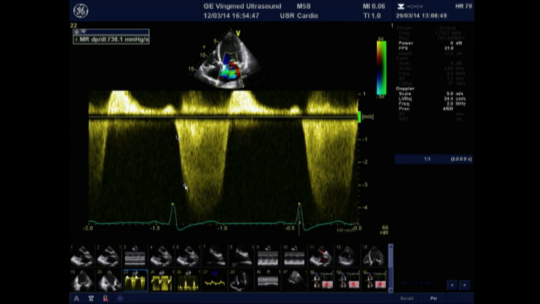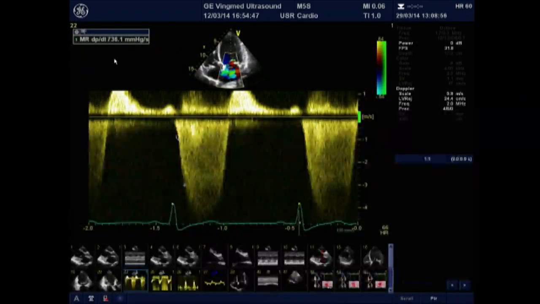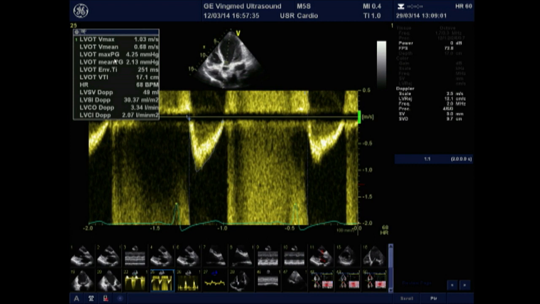The normal value is above 1,200, and this is, as you can see, 734, which is pointing to a depressed LV function.